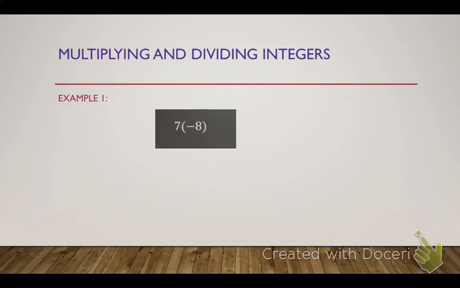Okay, here we go. Multiplying and dividing integers, example number 1. 7, now remember this says 7 times negative 8. But remember there's no multiplication symbol right there. It's just when you see the grouping symbols, that means it's multiplying. So let's try it with Mr. Multiplivision. Here we go. We got 2 negatives and we got a positive, right?